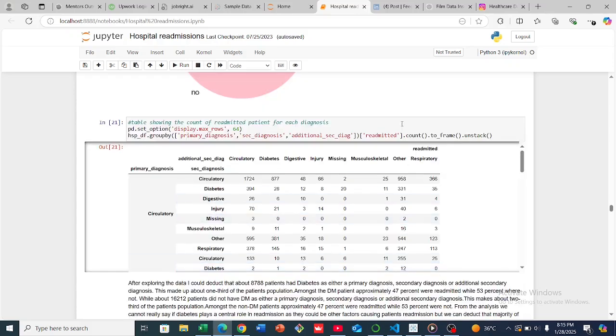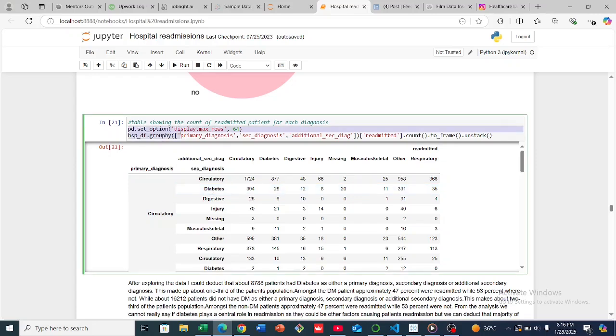The next thing was to create a table that shows the count of readmitted patients for each diagnosis, not just diabetes this time around. I used this line of code to create this table using the group by function. I placed in our primary diagnosis, secondary diagnosis, and additional secondary diagnosis, and I want to look at patients that were readmitted for these 3 columns.